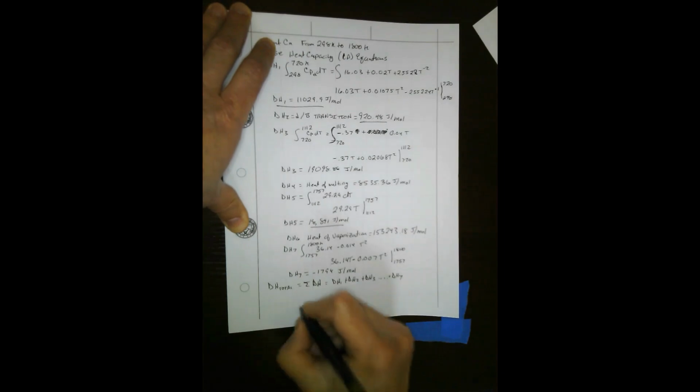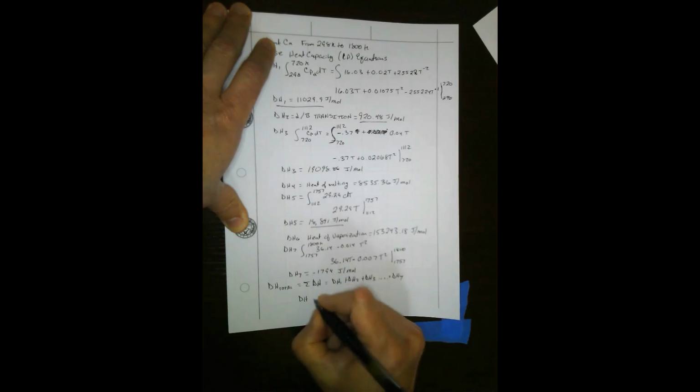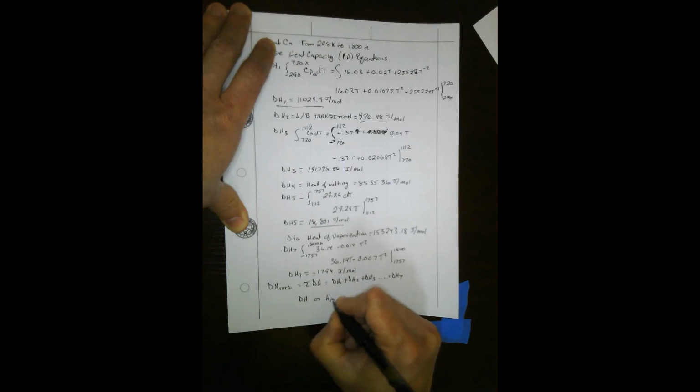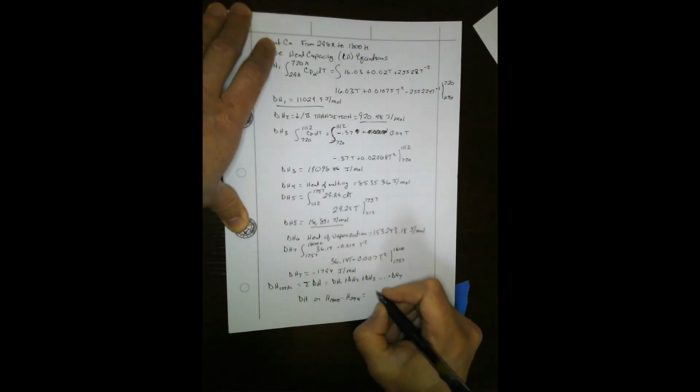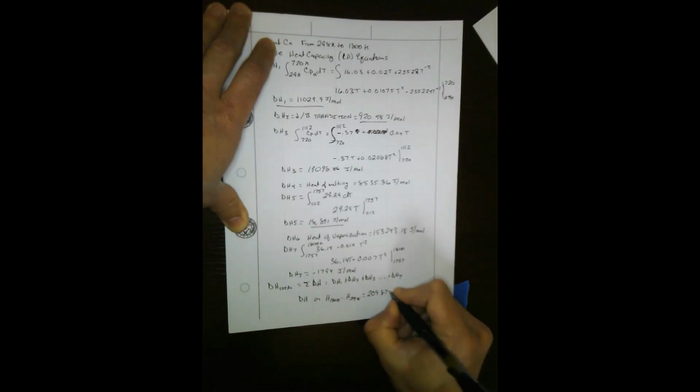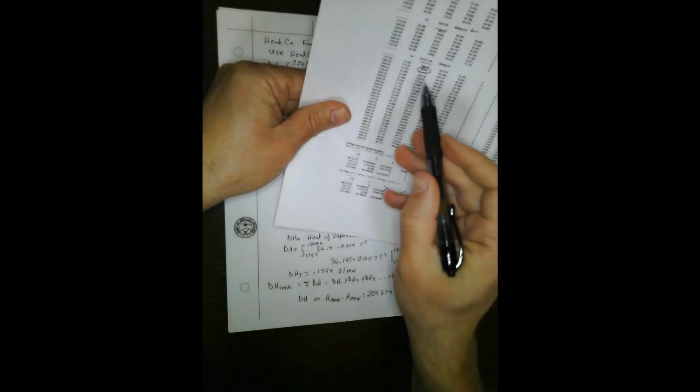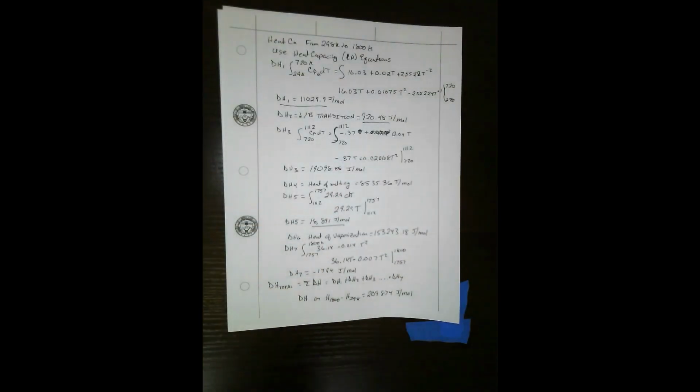I kept it short for brevity, and so I added them all up, and delta H, or we call it H1800 minus H298, equals 209,874. And I take a look at the table. I'm a little off. The table says 209,061, so it's pretty close, and I maybe was a little sloppy with the rounding. I'm not an order of magnitude off or anything like that.